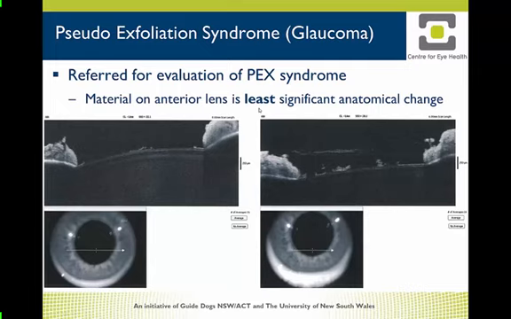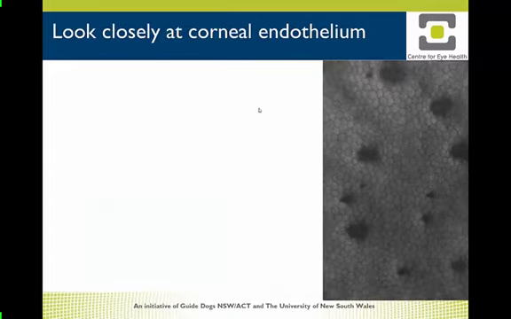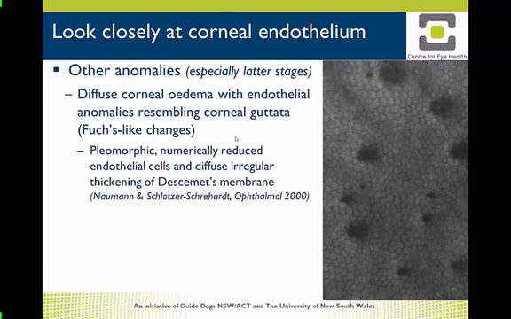So we always worry about pseudoexfoliation, glaucoma, etc. We don't think much about the front of the eye. So let's have a look at the endothelial cells in this particular patient. You can see all these regions here almost look like cornea guttata. And typically in some patients, you can get corneal edema secondary to pseudoexfoliation syndromes.